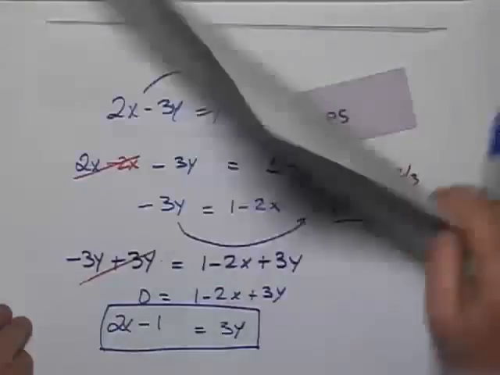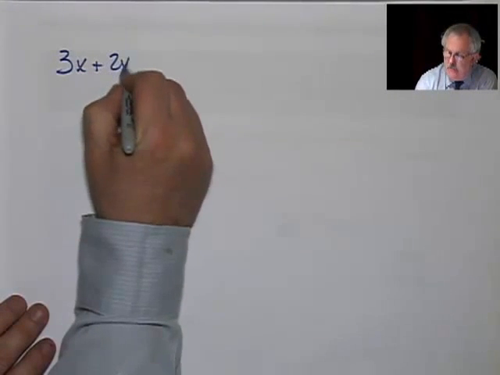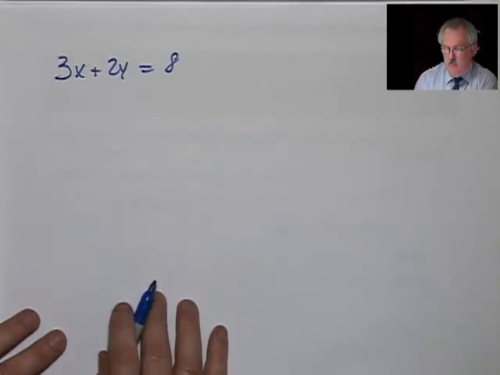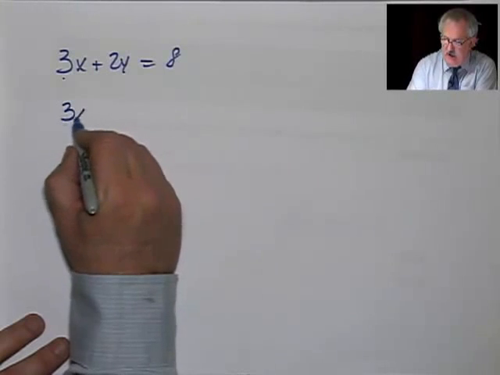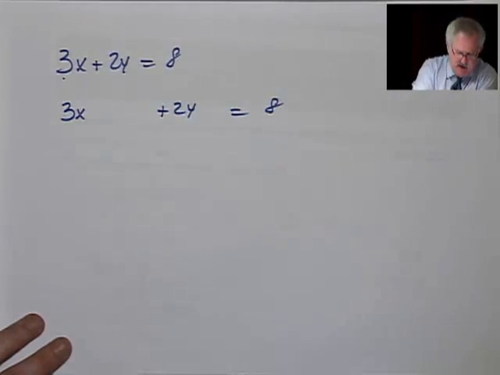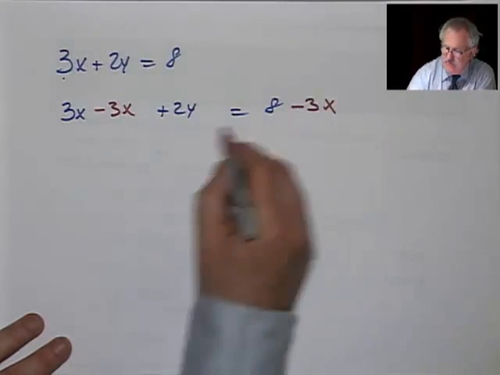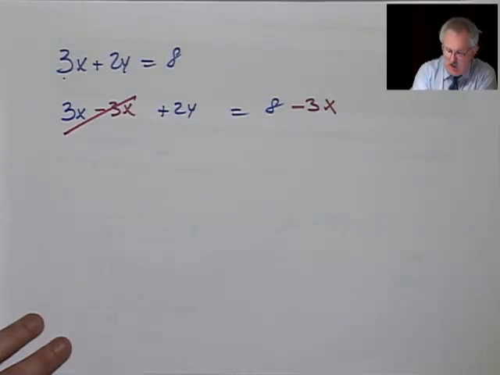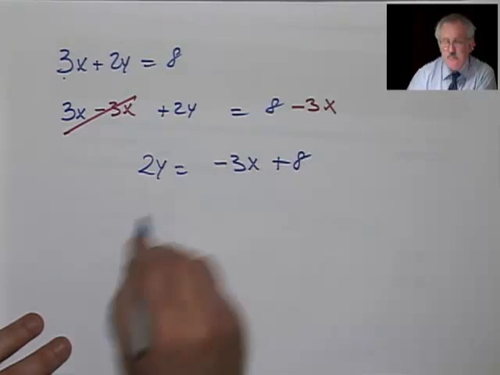What's the other slope? The other line was given as 3x plus 2y is 8, and this is a bit easier, I think. If I don't like the 3x, I can move it to the other side. I can say minus 3x and minus 3x, so I get 2y is equal to minus 3x plus 8.